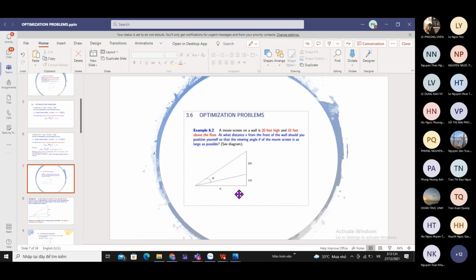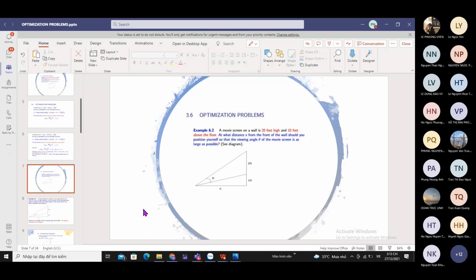Now, the first step here is we try to represent theta as a function of x, and then we find the maximum value of theta. Of course, here x should be positive.